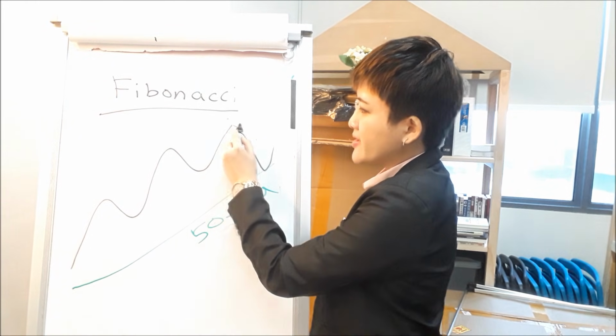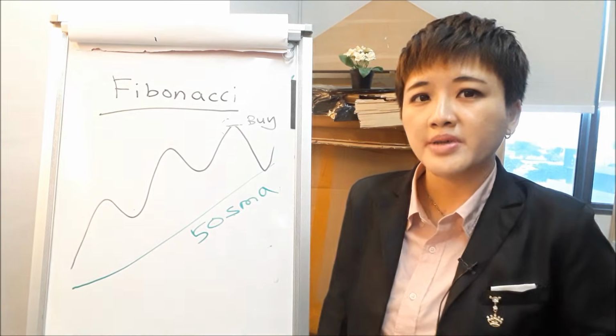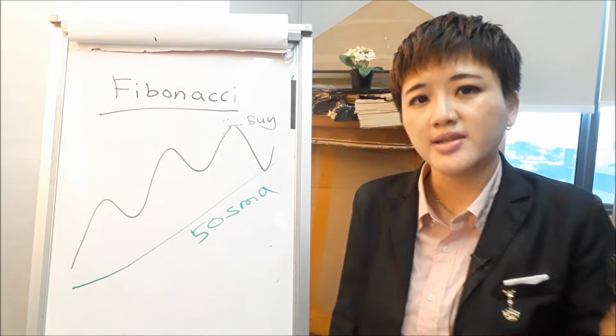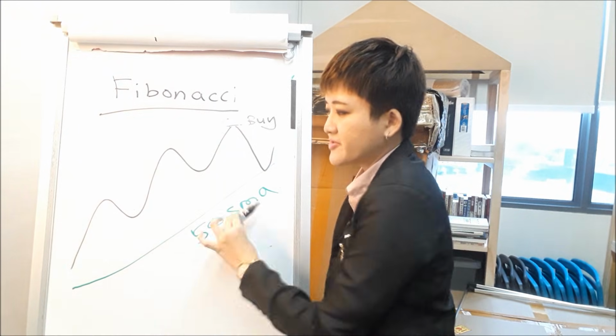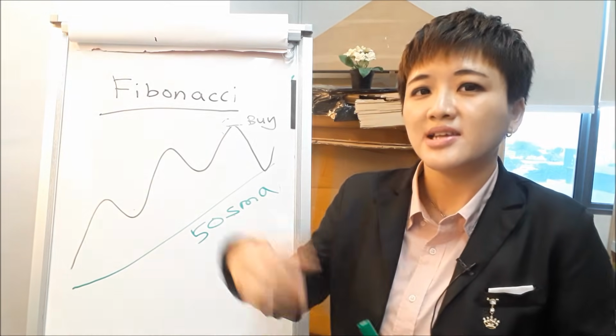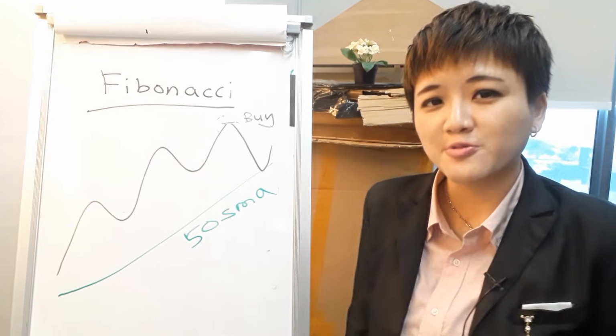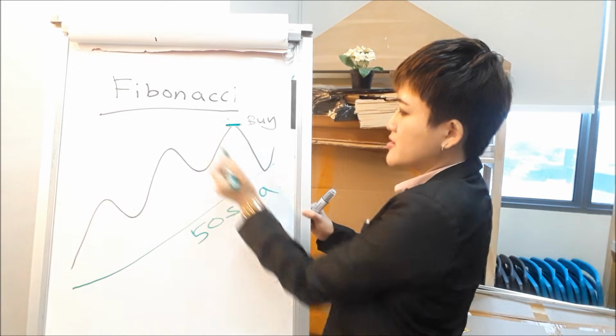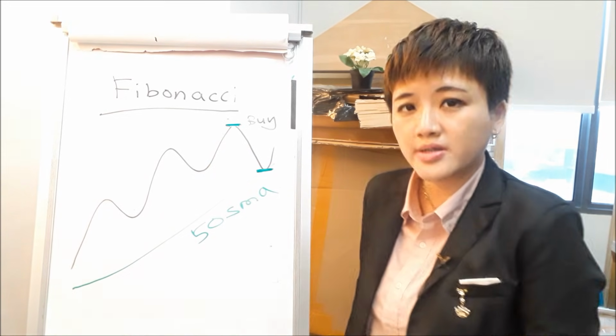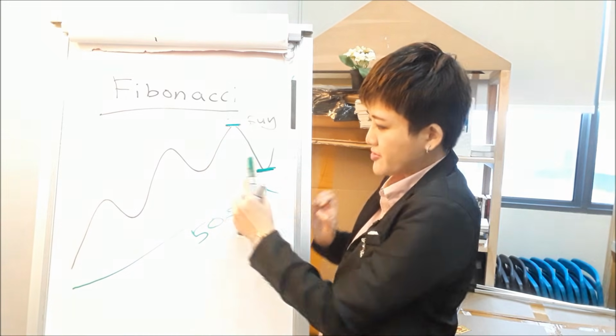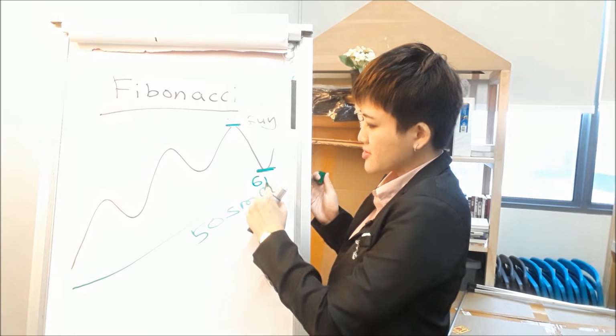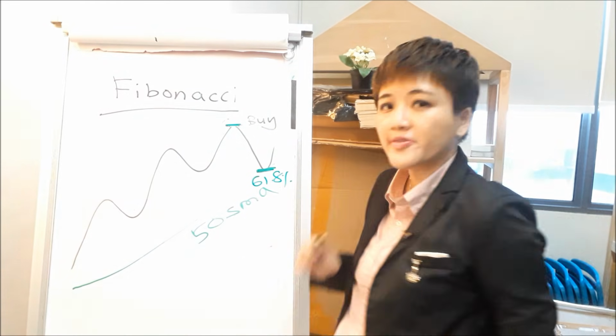So if you want to buy here, it is very dangerous because price, once in a while, has to come down and test the 50 SMA. It cannot leave the 50 SMA because it loves it so much. So is it better to buy here or here? Definitely over here. And ideally, when it retraces, you want it to retrace to 61.8% or 50%.